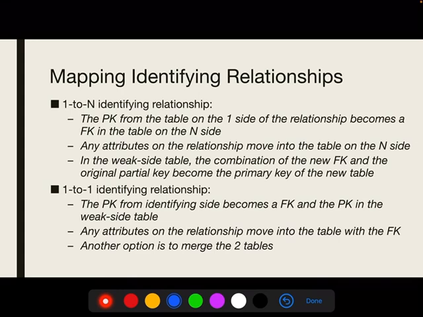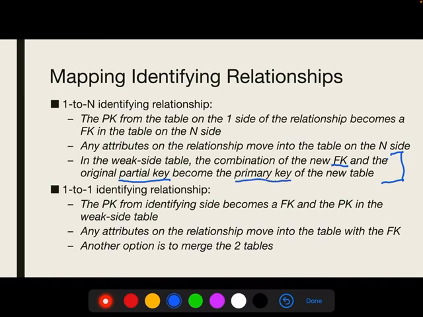The primary key from the one side, or the identifying side, becomes a foreign key in the weak side, or the N side. However, because this is an identifying relationship, on the weak side, the new foreign key plus the partial key together become the primary key of that table.